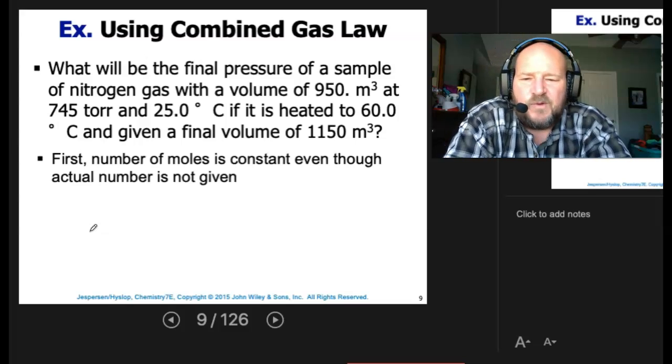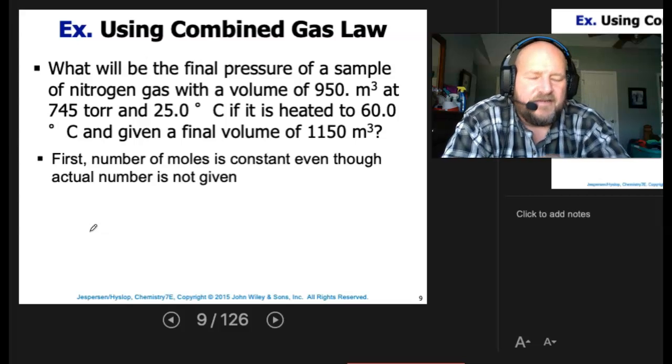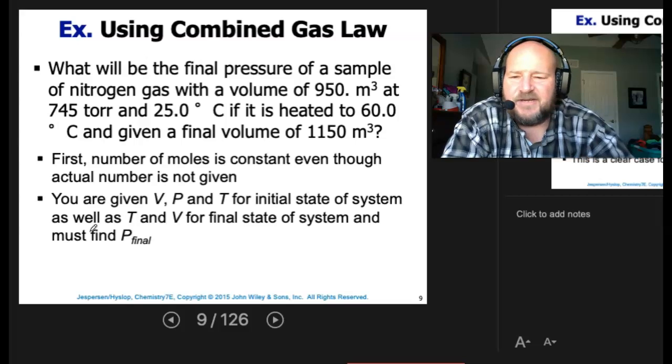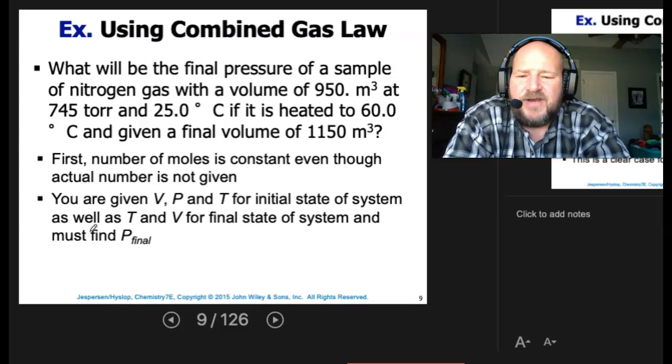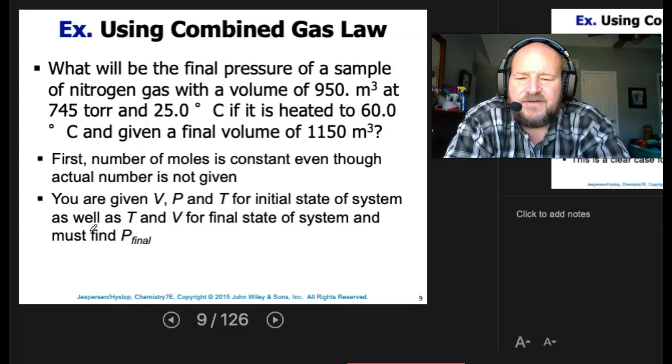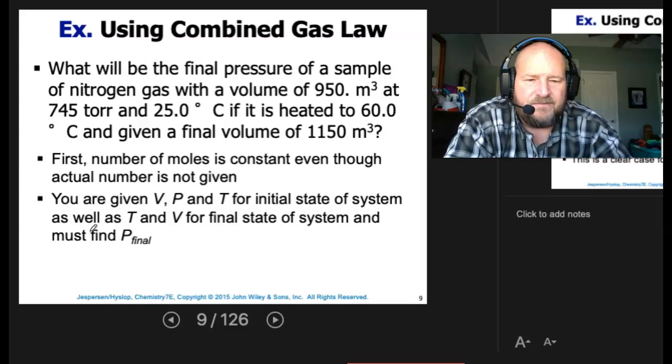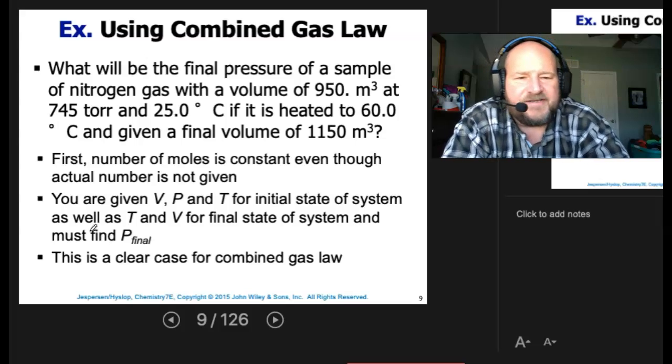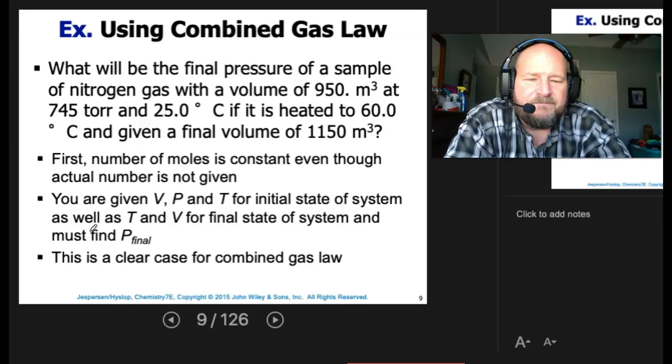First, the number of moles is constant even though the actual number is not given. So we can just let it be 1. It doesn't matter. It's the same in both. That's all that's going to matter for us. You are given volume, pressure, and temperature for the initial state of the system as well as the temperature and volume for the final state of the system, and you must find P final. This is a clear case to use the combined gas law.